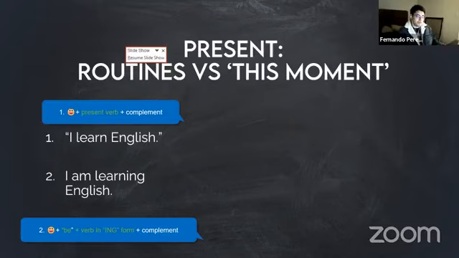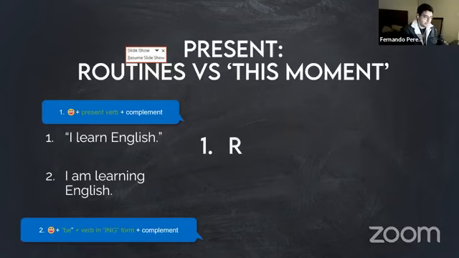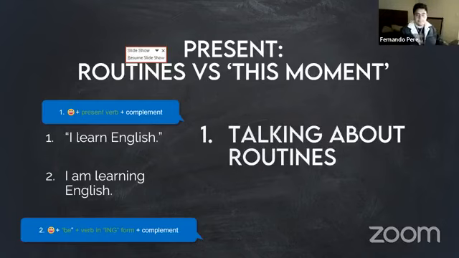If you observe correctly, the first formula corresponds to our practice in the last class, when we were talking about present. We are talking about routines. This is the first match, talking about routines.